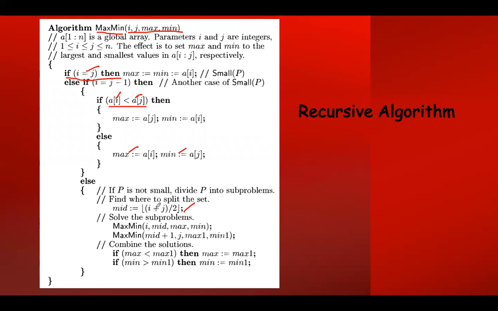Is it clear? Now we have part A and part B, two arrays. We have divided the array into two parts.